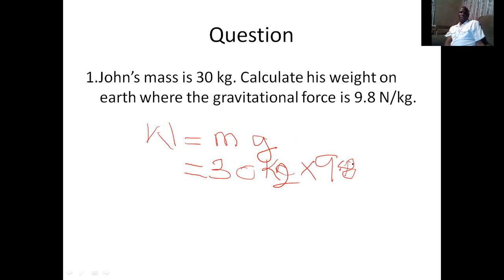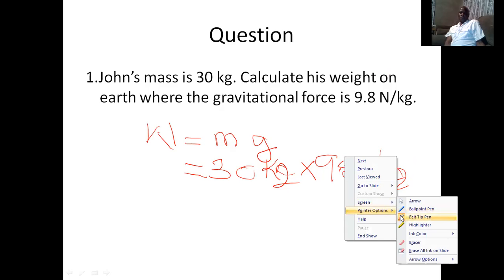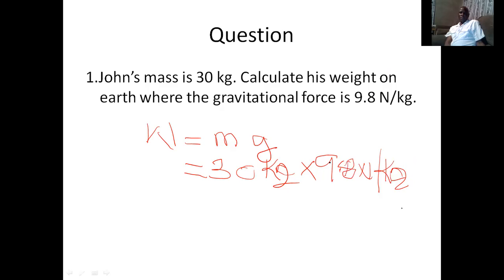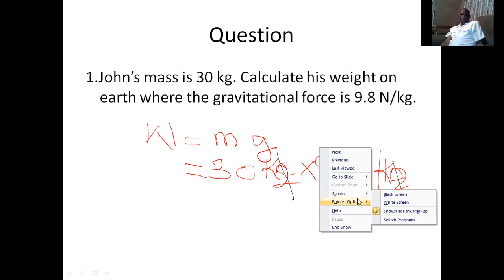It is 9.8 newtons per kg. And here you notice that the kg here will cancel with the kg here, and you are left with the newtons.